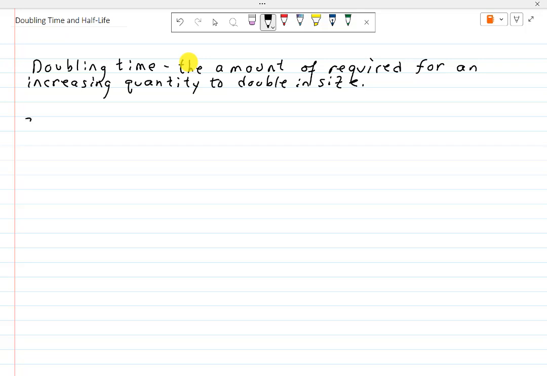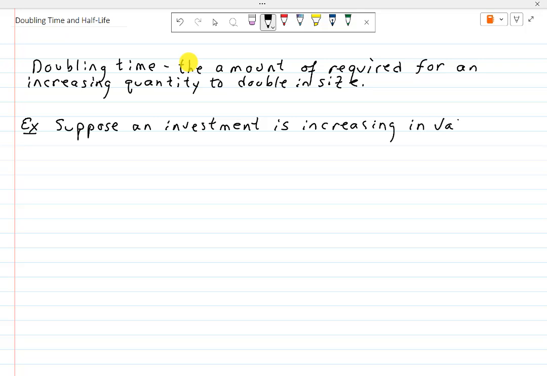So as an example, suppose an investment is increasing in value by 10% per year. What is the doubling time?